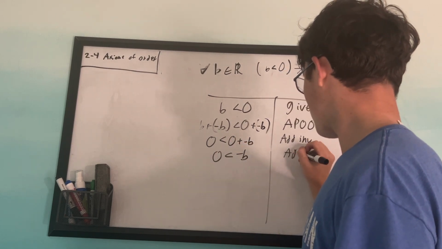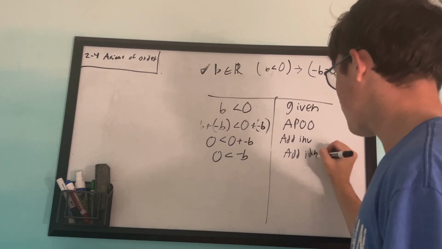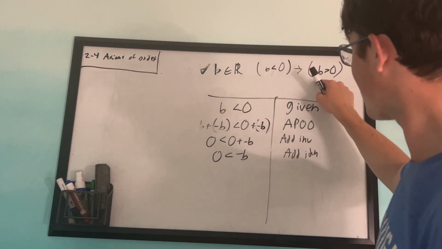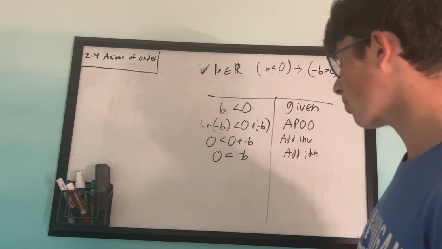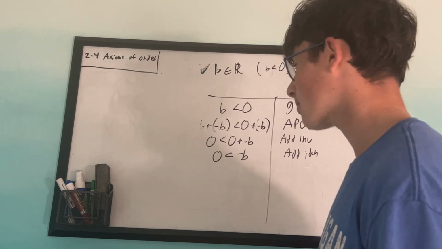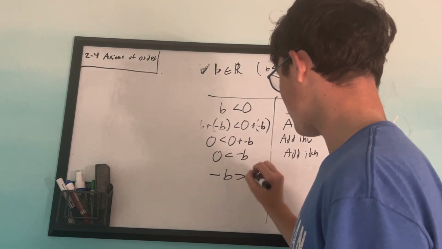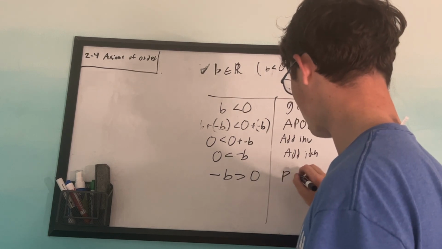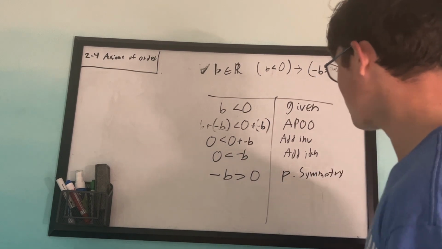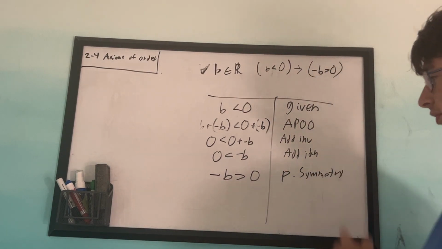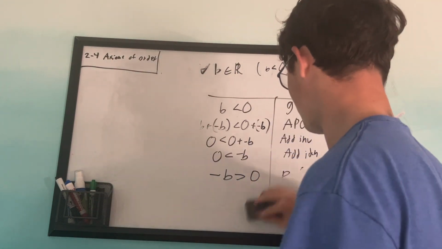That's the additive identity. But over here 0 is less than negative b. So we can go back and use not our symmetry but our pseudo symmetry and state that that means that negative b is greater than 0 using pseudo symmetry. That's what we'll do since I can't spell pseudo. P dot symmetry.